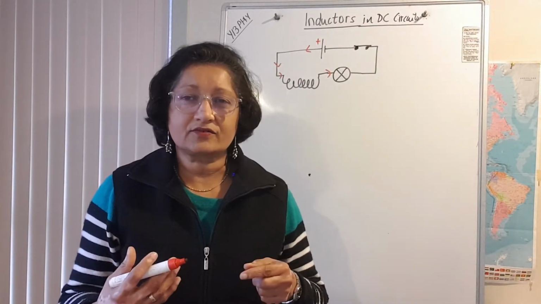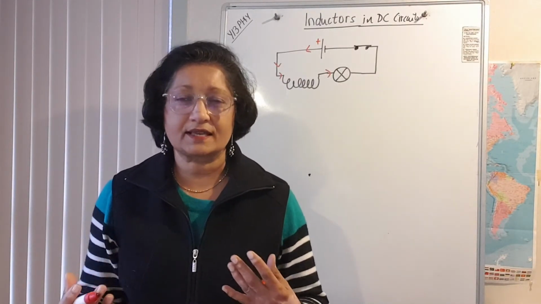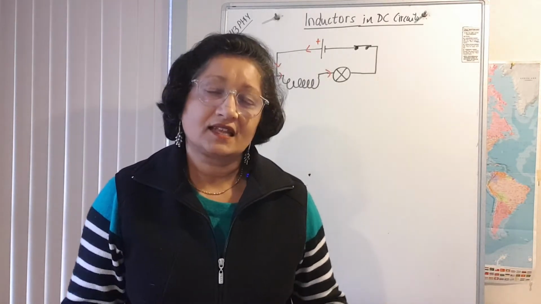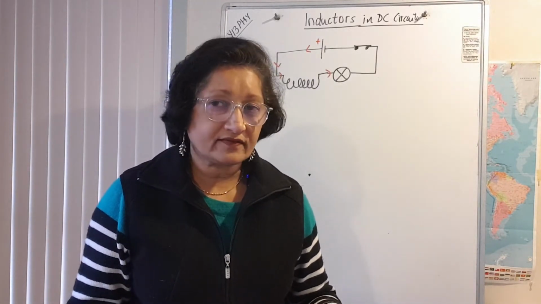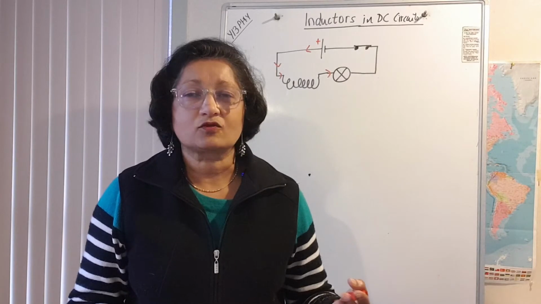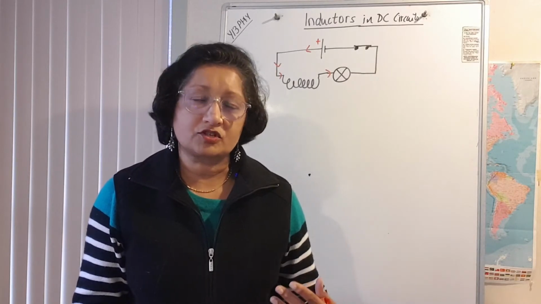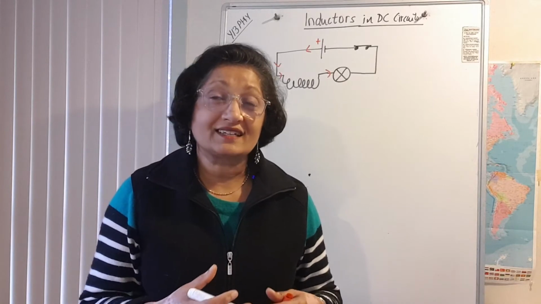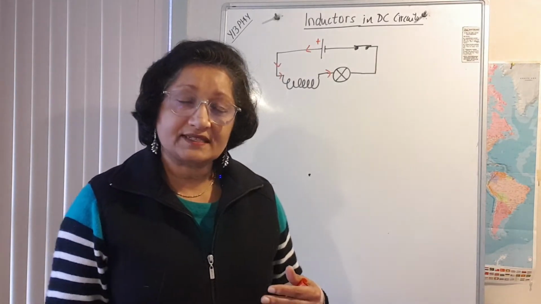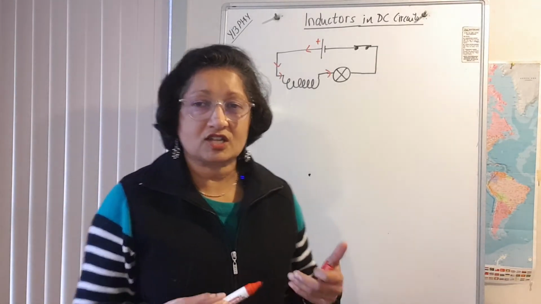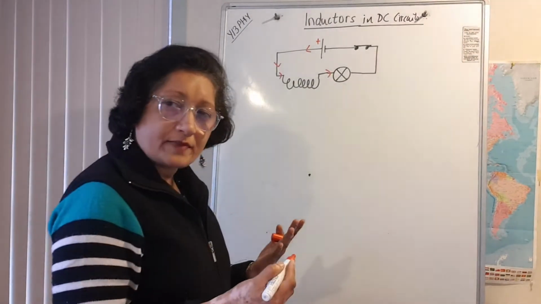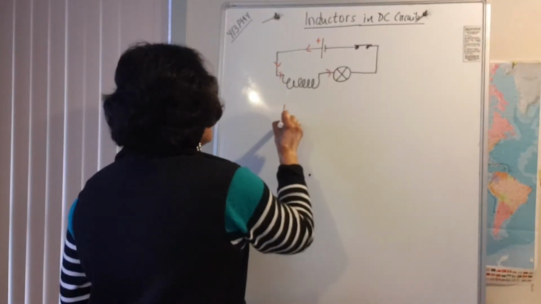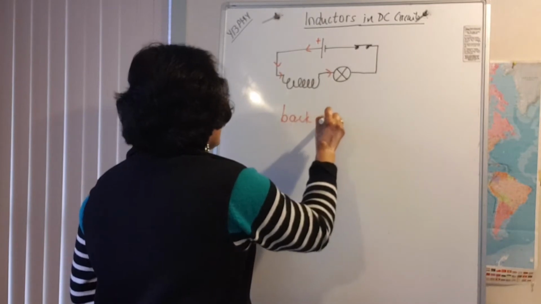And when there's an increasing current, there is an increasing magnetic flux. Now, whenever there is changing flux, you know that there's always an induced voltage that's produced to oppose this change. So within the inductor coil itself, there's going to be set up an opposing voltage, and this opposing voltage is known by many names. It's called the back EMF.